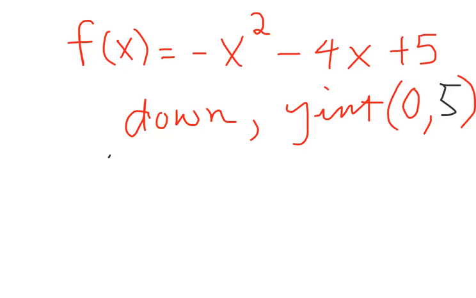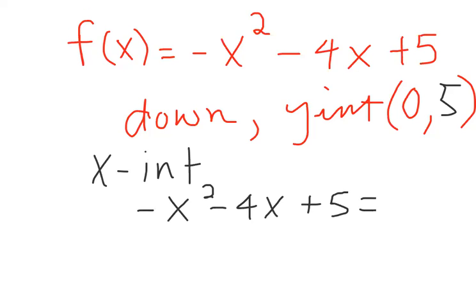Now, let's go ahead and find the x-intercepts, guys. For the x-intercepts, I've got negative x squared minus 4x plus 5. I'm going to set this equal to 0. Now, guys, listen to this one. When you're dealing with these quadratics, it's not a good idea to solve a quadratic that has a negative x squared.